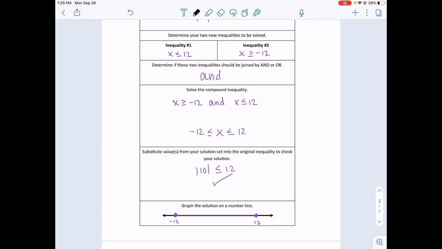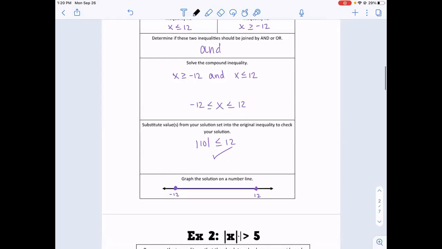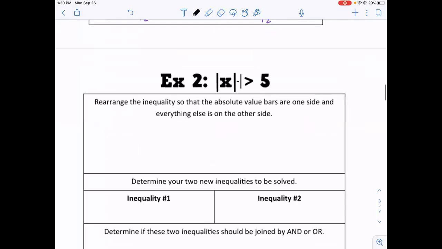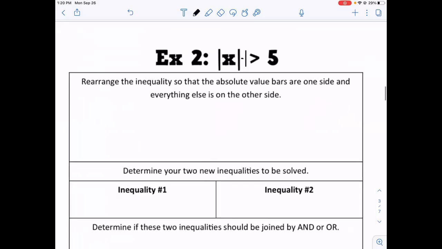Okay, let's go ahead and open up your book, and let's look at example 2. We have the absolute value of x minus 1 is greater than 5. So the first thing we have to do is we have to make sure that our absolute value is all by itself. Is it? No. So what do we need to do to both sides, Avery?